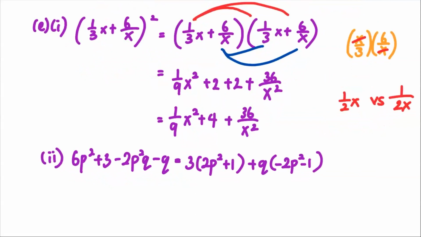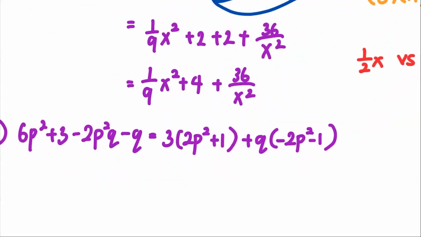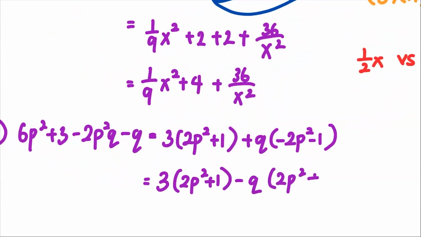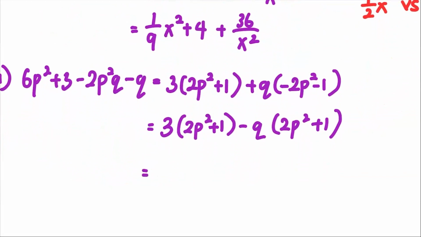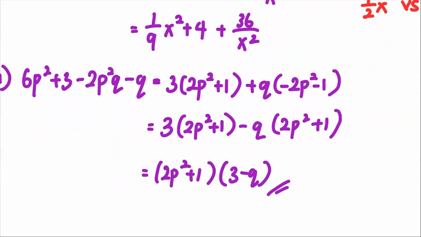Notice that these two are similar, it's just that there's a minus sign. So let's pull it out as well: (2p squared plus 1) minus q(2p squared plus 1). Voila, finish. (2p squared plus 1)(3 minus q). See, algebra easy, right?